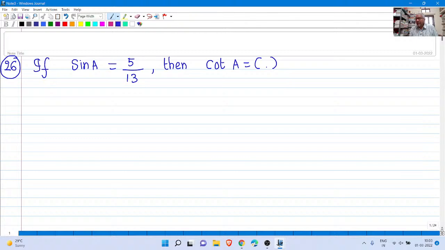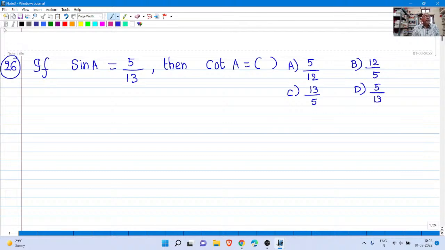If one of the trigonometric ratios is given, the remaining trigonometric ratios we need to find. So A, 5 upon 12. B is 12 upon 5. C is 13 upon 5. D is 5 upon 13.